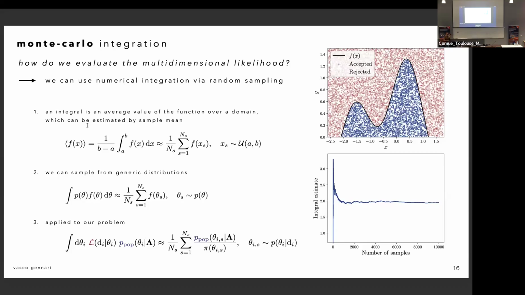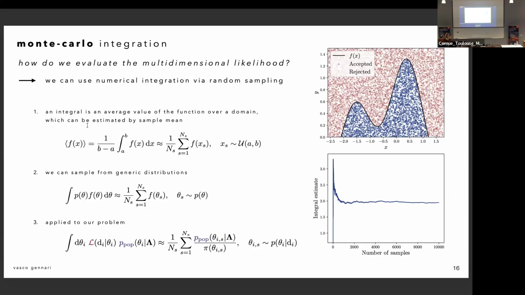So applied to our specific case, this is, for example, the numerator of our hierarchical likelihood. Remember, we have the likelihood of the single events multiplying the population. Then it means that we will be able to compute this integral by evaluating the population on the samples of the, not the likelihood, because we don't have access to that. We do have access, however, to the samples of the posterior distribution of the single events, which is proportional to the likelihood multiplied by the prior.